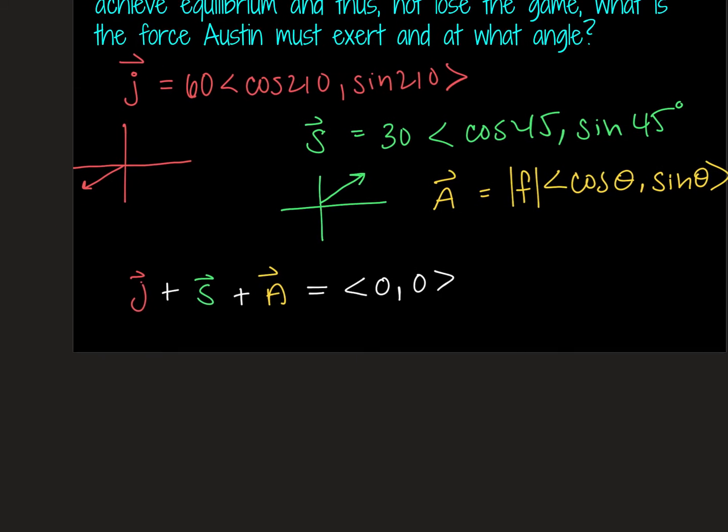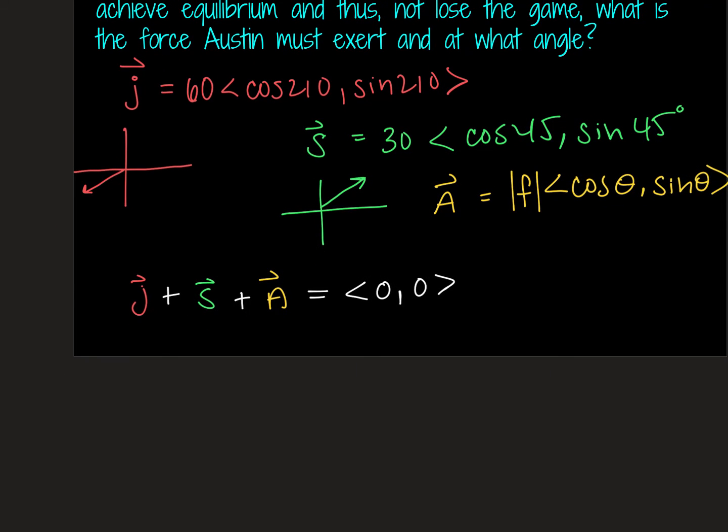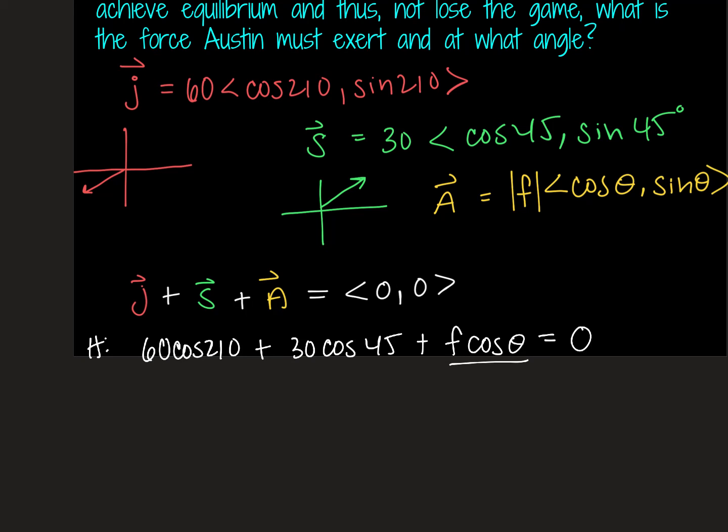So what I have so far is 60 cosine 210. Let's do horizontal. 60 cosine of 210 plus 30 cosine of 45 plus f cosine of theta. So this is the horizontal component of Austin's vector. I need those to add to 0.